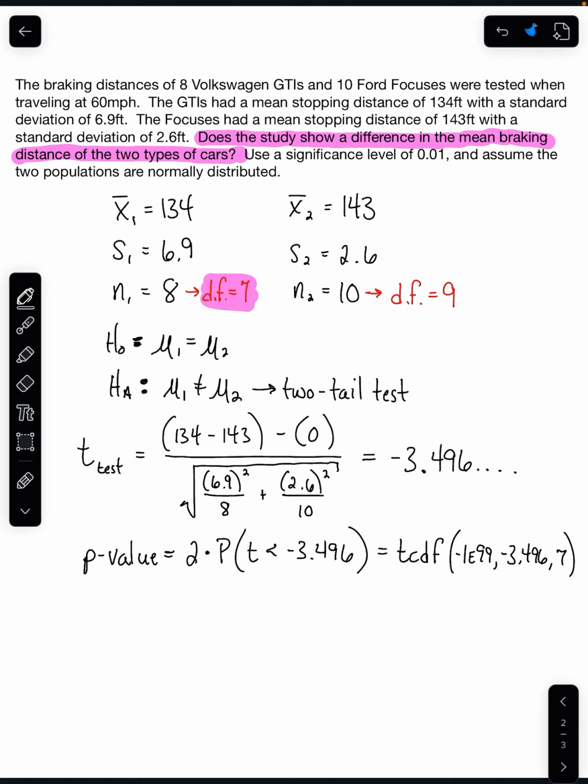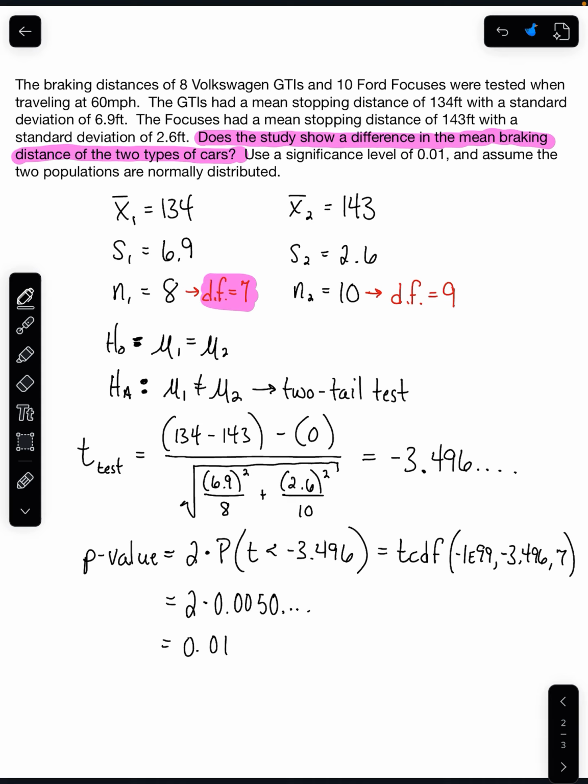And that gives us a p-value, or a probability, of approximately 0.0050. And this is going to come out to be 0.01.